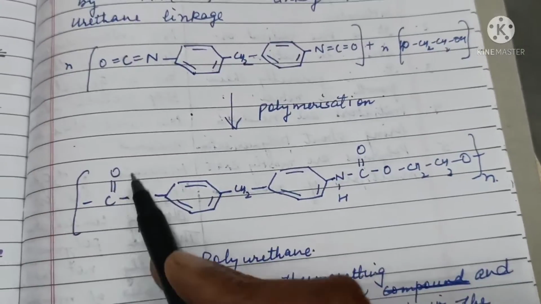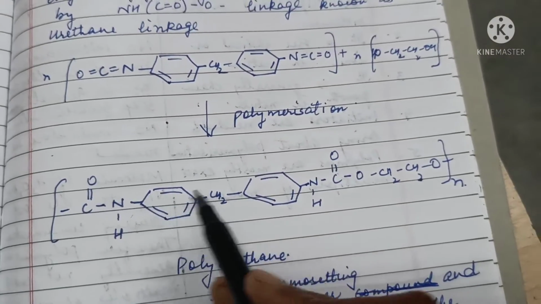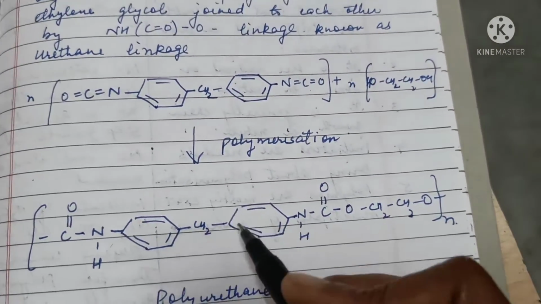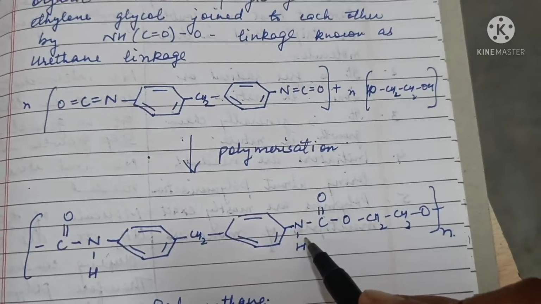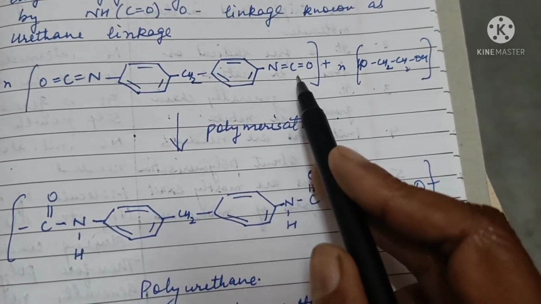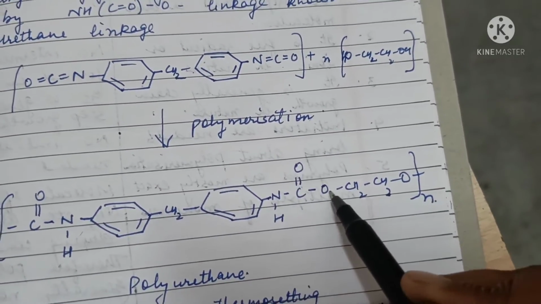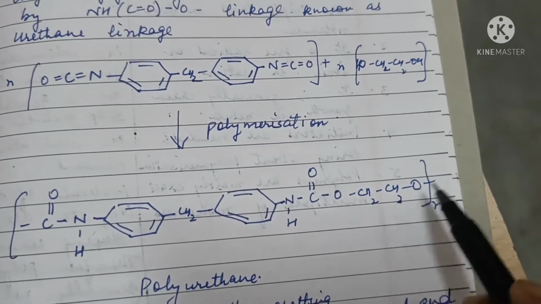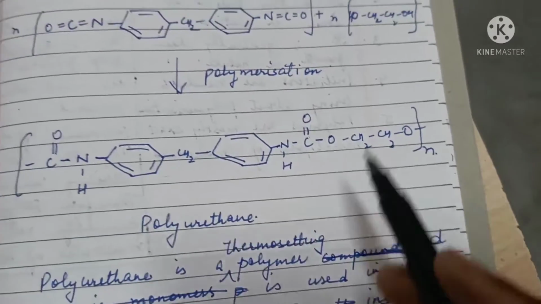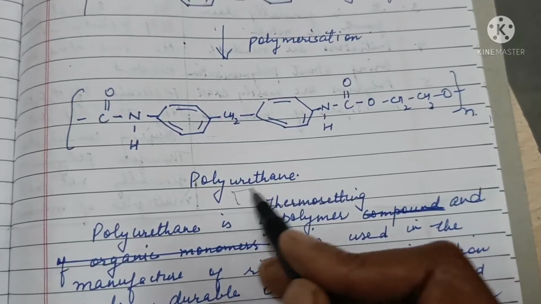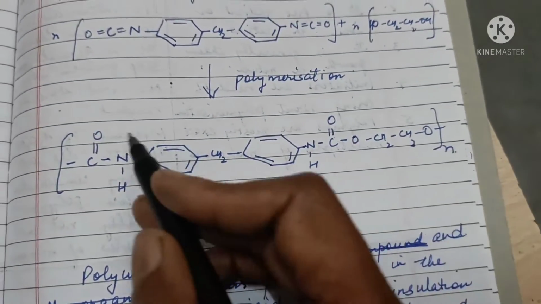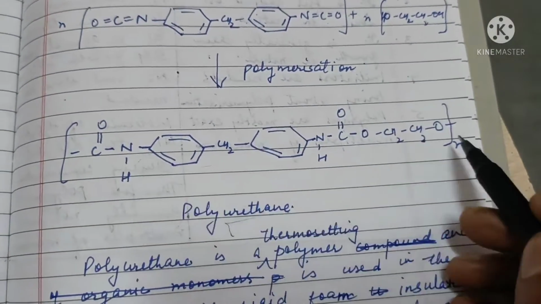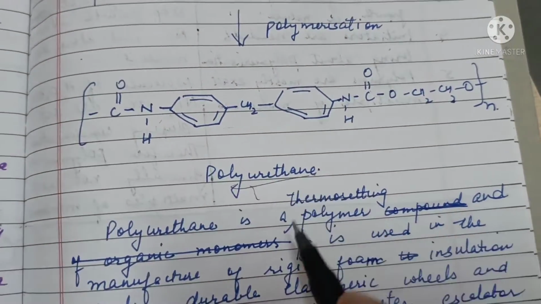So this is CONH, C6H5, CH2, C6H4, then we have NH, then we have C double bond O, O, CH2, CH2. Then again this unit will get combined. So on repetition, a polyurethane linkage results, this is the repeating unit, and the polymer formed is called polyurethane.